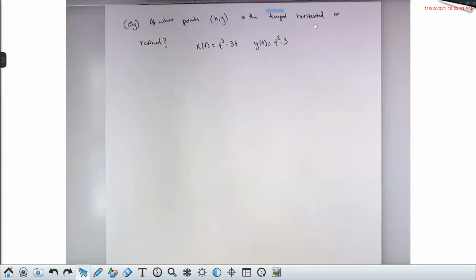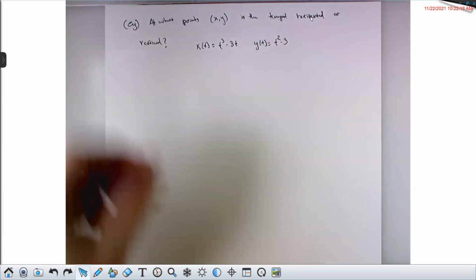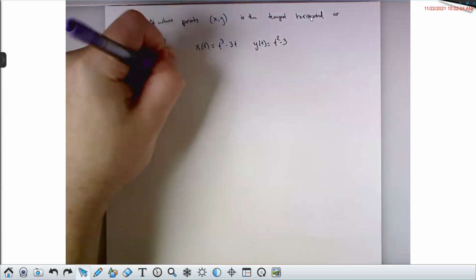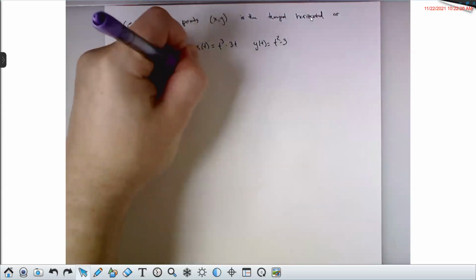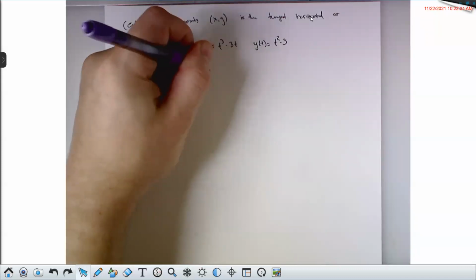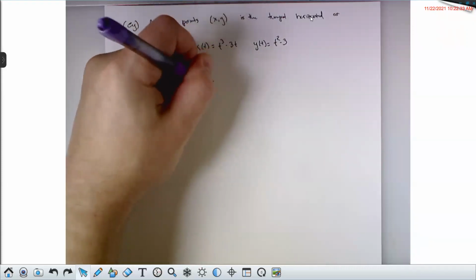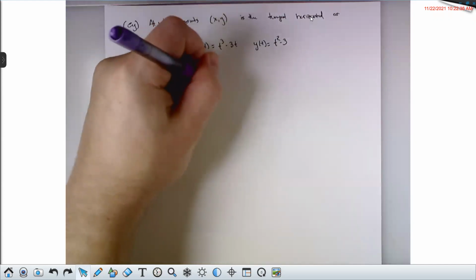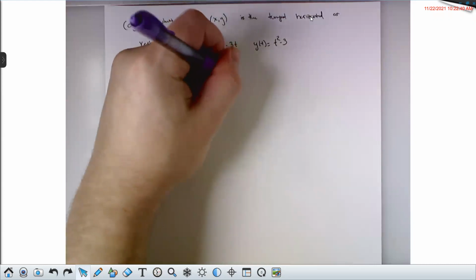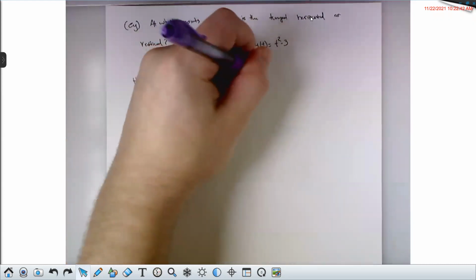Well, you know that the slope of the tangent line comes from the derivative dy dx. And a horizontal tangent line, I'll write HTL, means that the slope of the tangent line, which is dy over dx, is equal to 0.